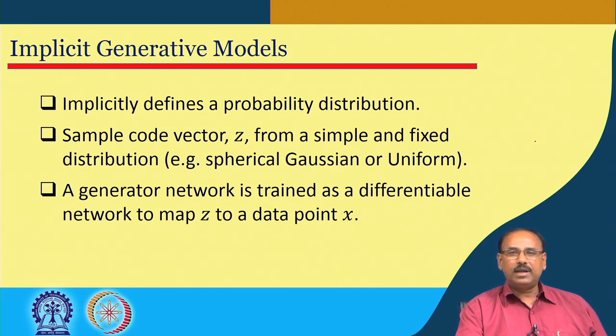So, you sample a code vector Z from a simple and fixed distribution, which may be say normal or uniform distribution, feed it to the generator network, which is trained as a differentiable network, and this generator network then maps this latent variable Z to the data point X.